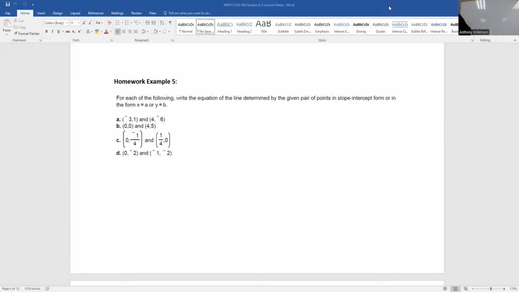I did parts A and B. I just need to finish that with parts C and D. And this dealt with writing the equation of a line determined by the given pairs of points in slope-intercept form, or in the form x equals A or y equals B. So in this case, part C was this.